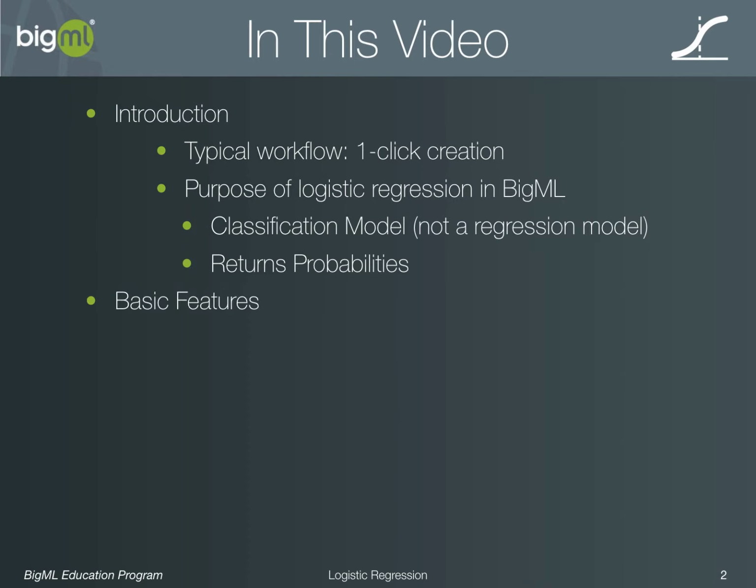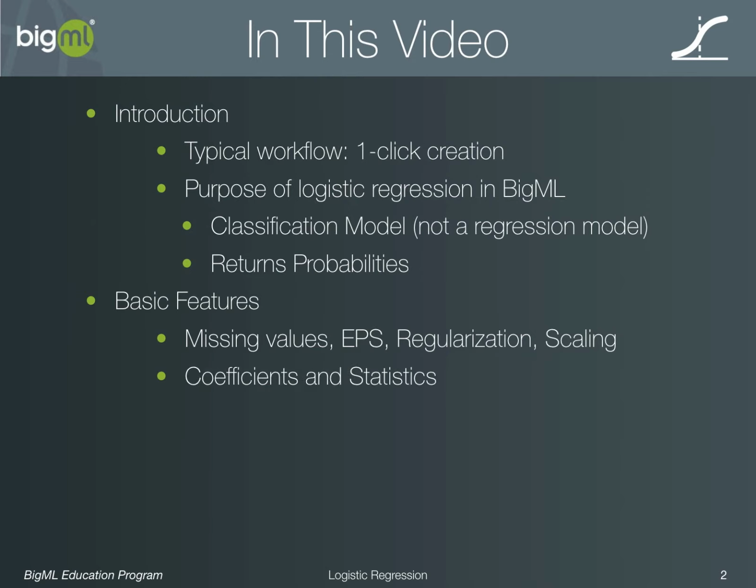In the basic features, we will explore the configuration options available for creating a logistic regression, including how to handle missing values, how to control the stopping criteria with EPS, the impact of something called regularization, and how to control scaling and why this is important.